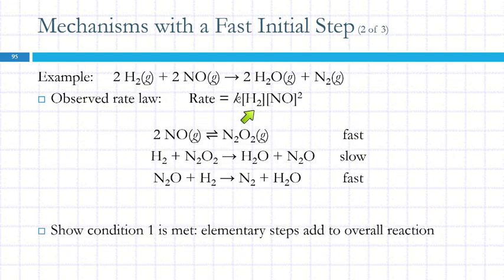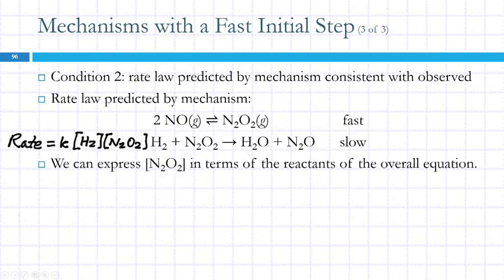This is the rate law that's observed. So what's predicted by the second step isn't the correct one. One reason we know it's not correct is that N2O2 is one of the concentrations this rate depends on. But that's not a reactant, it's an intermediate.